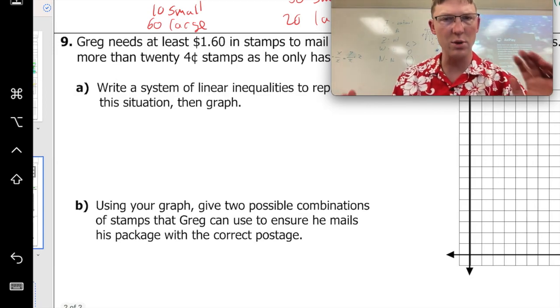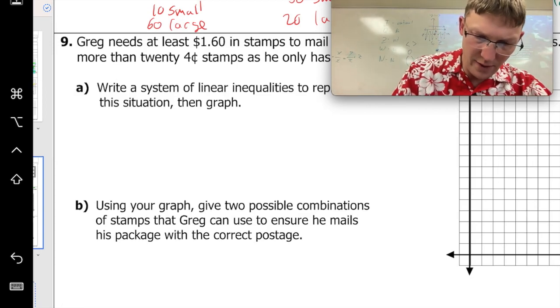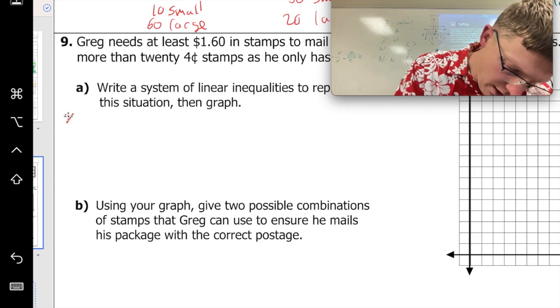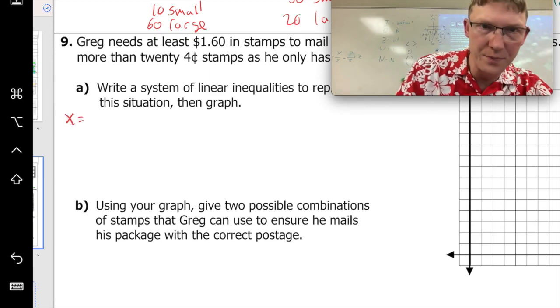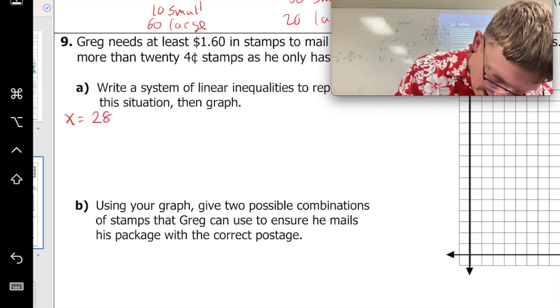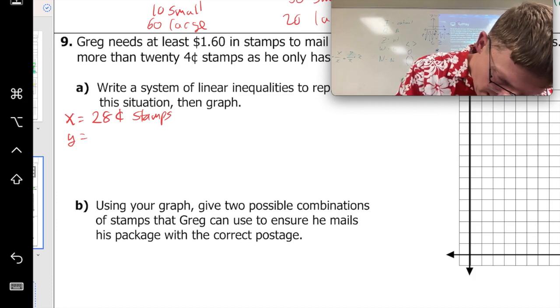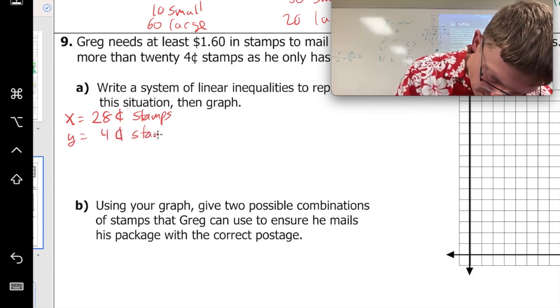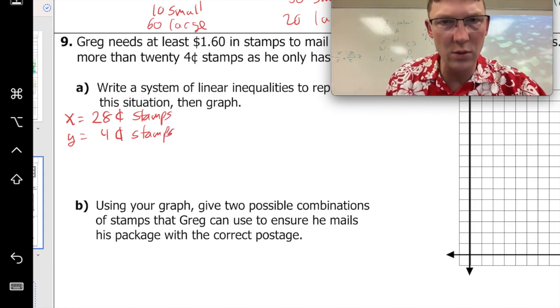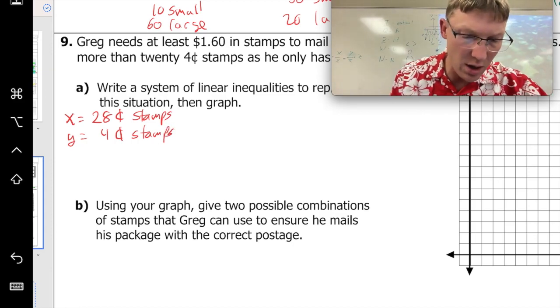So we're dealing with cost. So we can define our variables. We have x equals 28-cent stamps. We can have y equals 4-cent stamps. And it doesn't matter what letters you use. You can use any letter you want. It's fine. So we're dealing with cost.